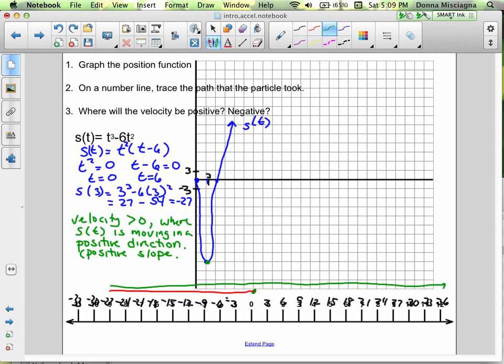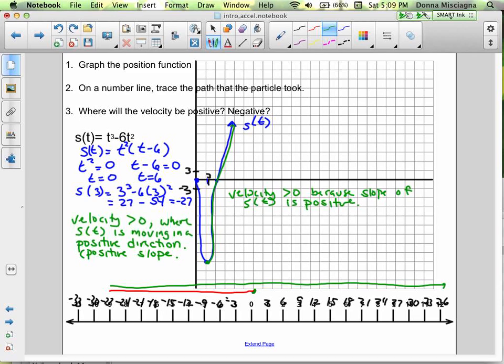So everywhere here, our velocity is going to be positive. Velocity is positive because the slope of s of t is positive.